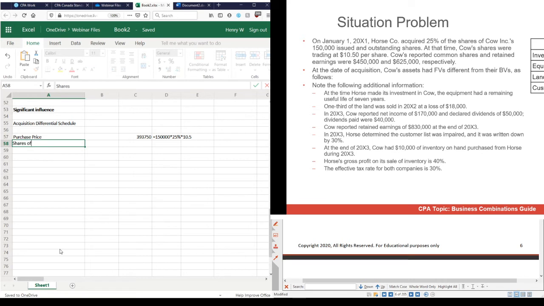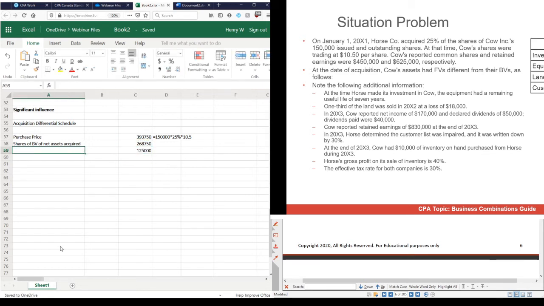Share of book value of net assets acquired: 25%, 0.25, times 4.50 plus 6.25, 268.